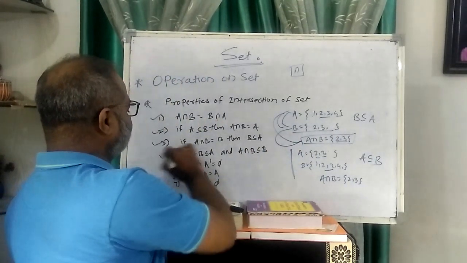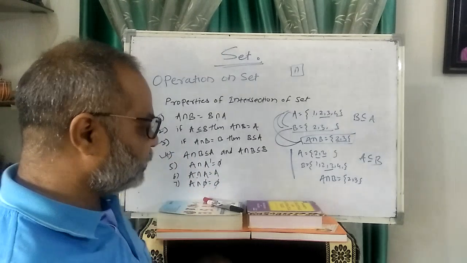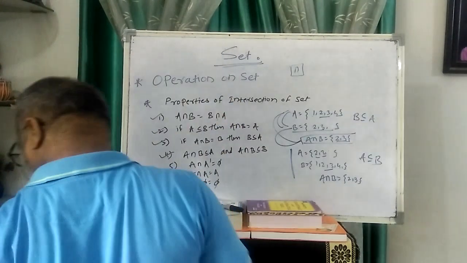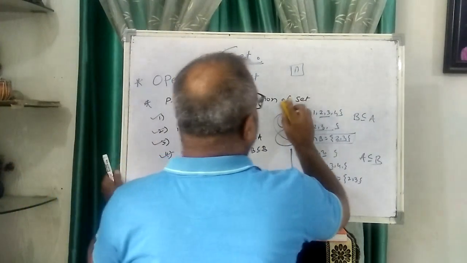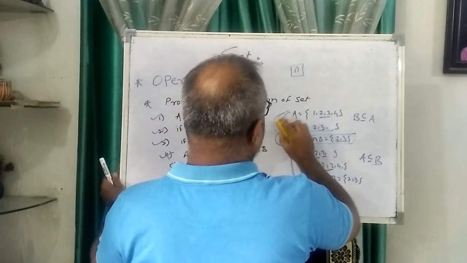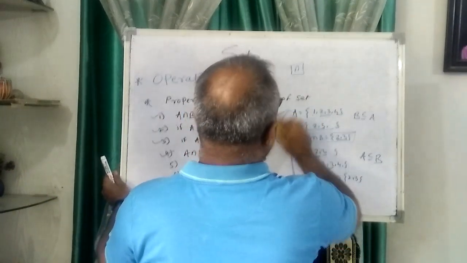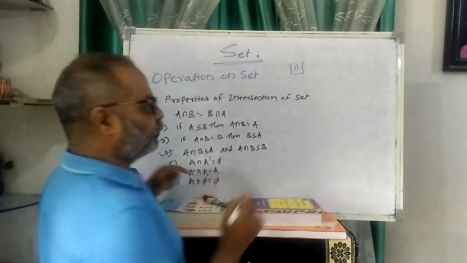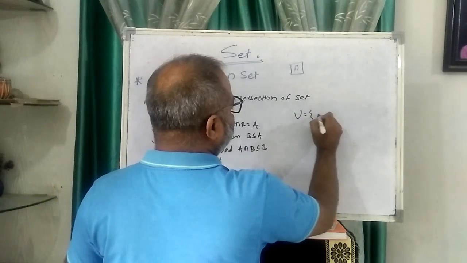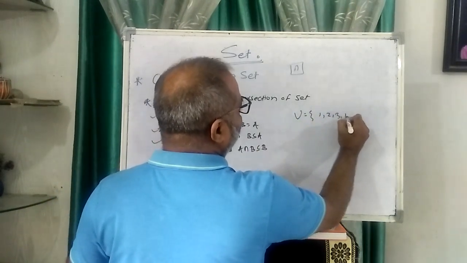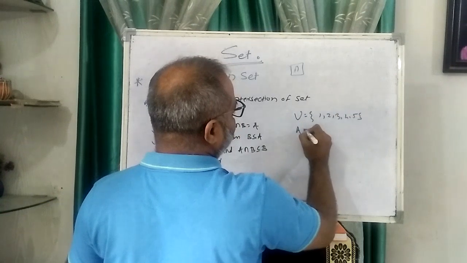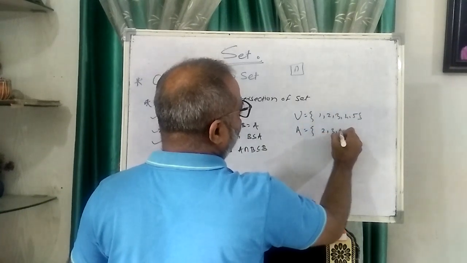Okay. Now next is A intersection A dash is phi. Let's prove it. A intersection A dash. So we just prove that A intersection A dash is phi. I take the universal set as 1, 2, 3, 4, 5. I take the set A as 2, 3, 4.